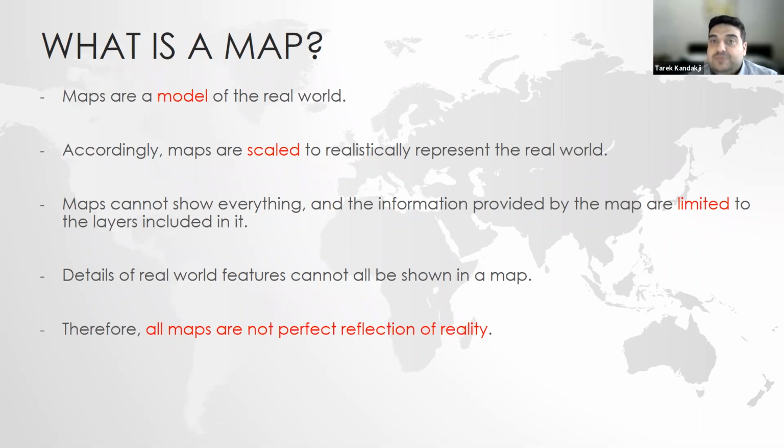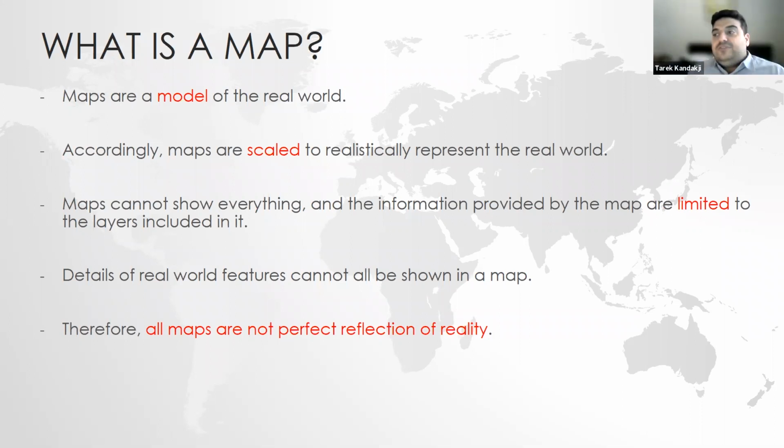But the maps do not represent the real measurements of the location we are analyzing or studying. It only scales it down to be appropriately represented on a screen. Now, maps cannot show everything, and the information provided by the maps is limited to the layers included in it.